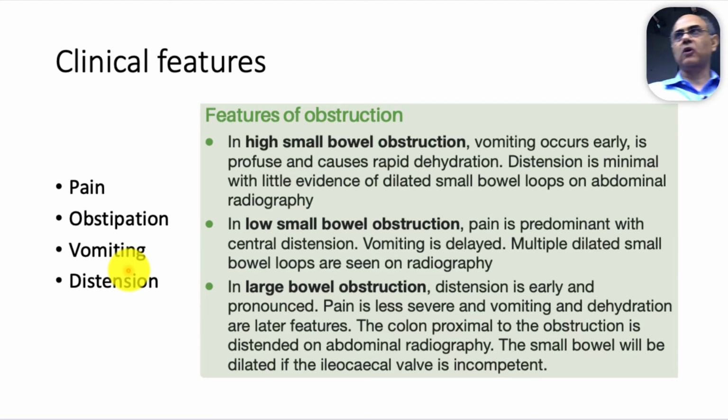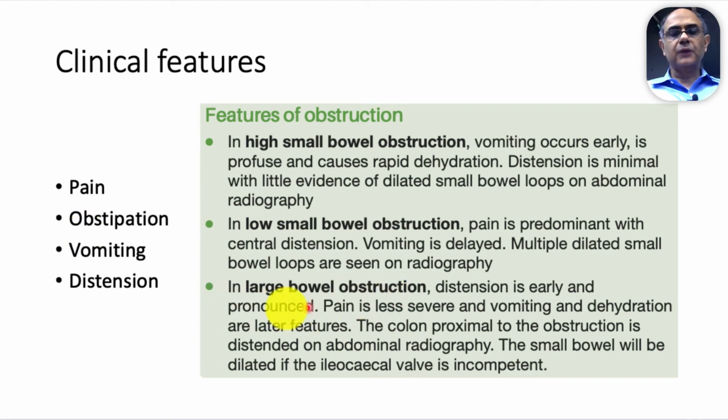Initially it will be colicky, later it will be continuous and dull. But suppose that part of the intestine gets some ischemia, again it will become more severe. It will be associated with fever and signs of toxemia, and it will be continuous dull pain present all the time, and the patient will look sick. Constipation or obstipation will be more linked to large gut obstruction.